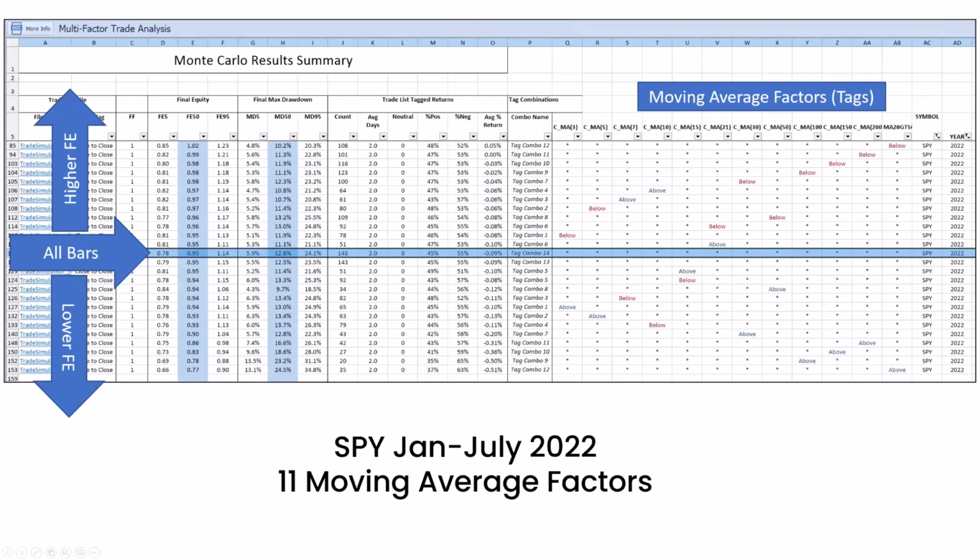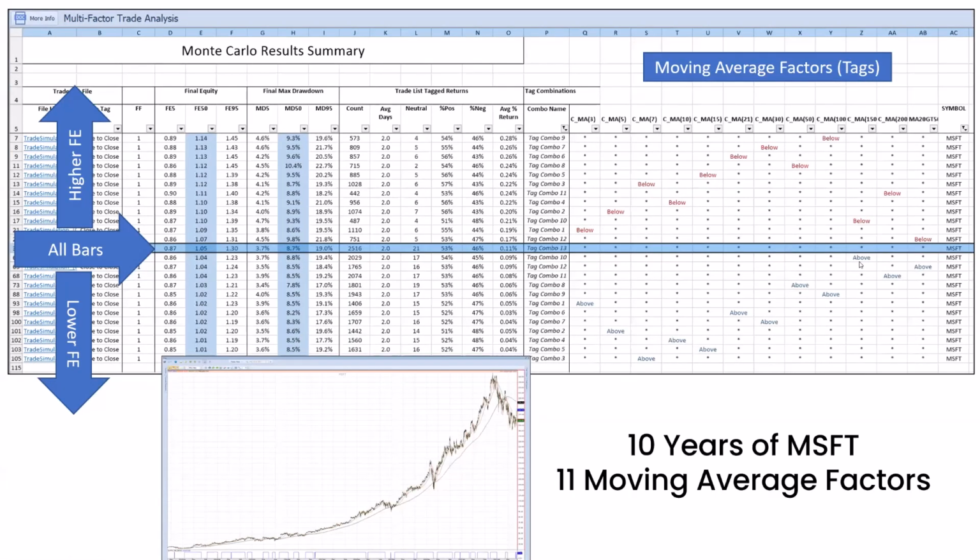And then all I did there was look at essentially 2021, a full year, and then 2022, a partial year. So then I thought, let's just go and run this on 10 years of Microsoft and see what the numbers are for a full 10 years.